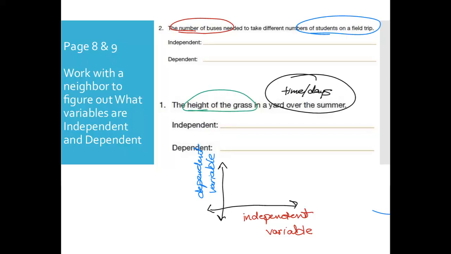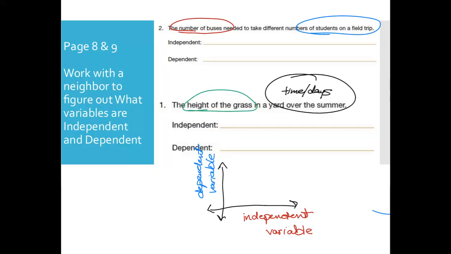Yeah, because isn't the height like how tall it is? Yes. So it should be on the y-axis. Wait. It should be. Is it not? Well, that's why that one's a little bit different.